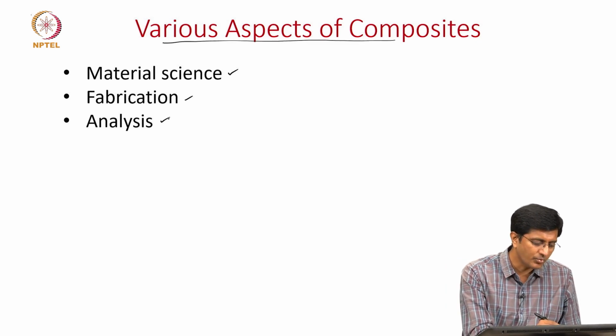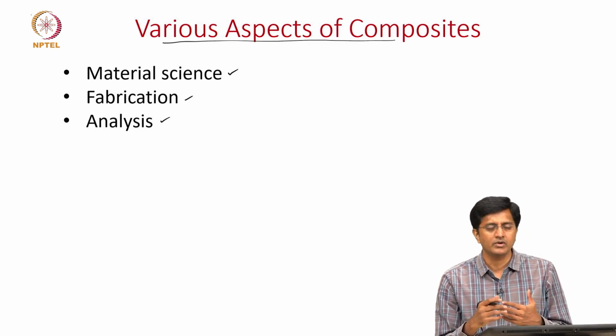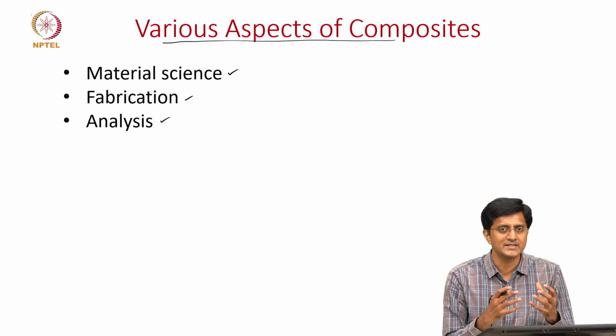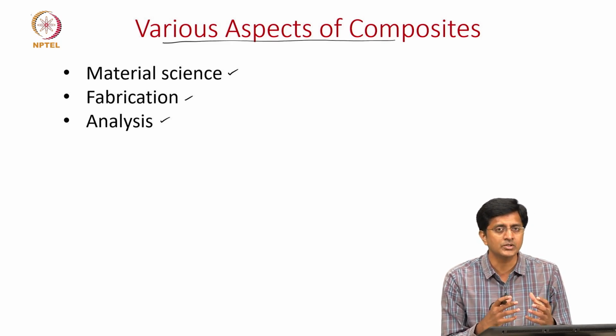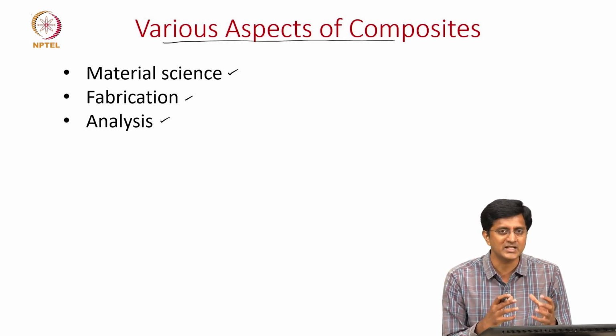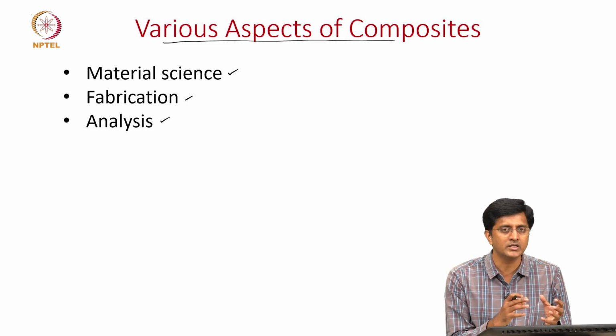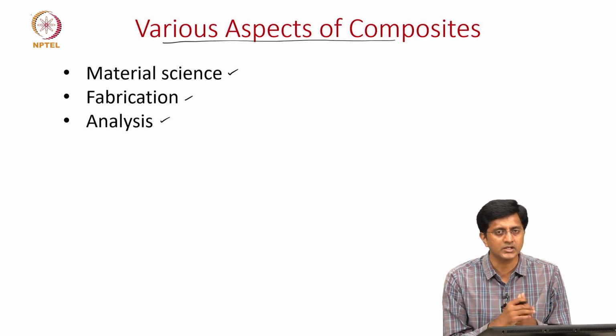Analysis is another important step where once a design is finalized, we need to ensure that the particular design is safe. So, one can do analysis at multiple levels, starting with just the material itself to see what are the properties or what are the effective properties of the composite material.